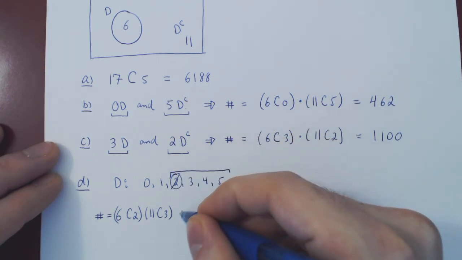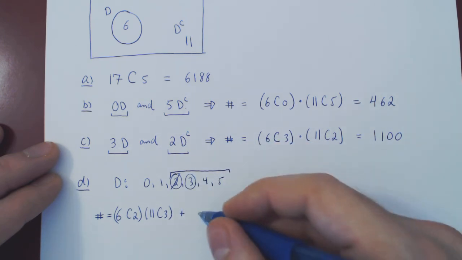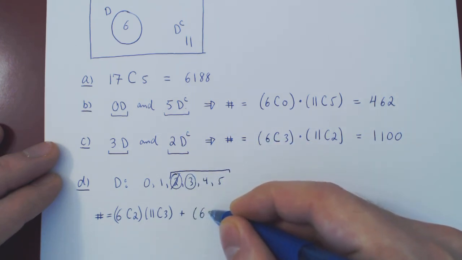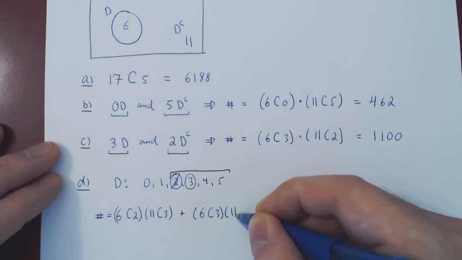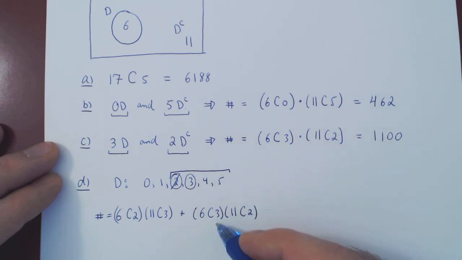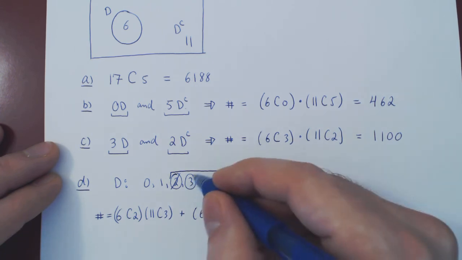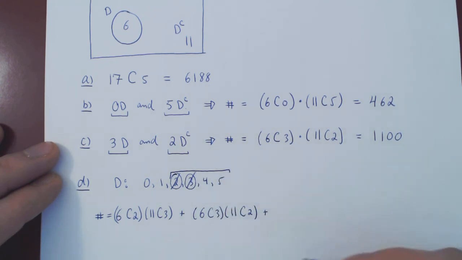Or, there could be 3 defective watches. So, or plus. Out of the 6 defective ones, we choose 3. Therefore, out of the 11 non-defective, we choose the remaining 2, as again, we are choosing 5 watches in total. Or, there could be 4 defective watches.